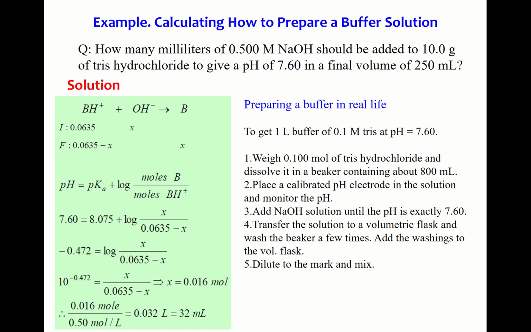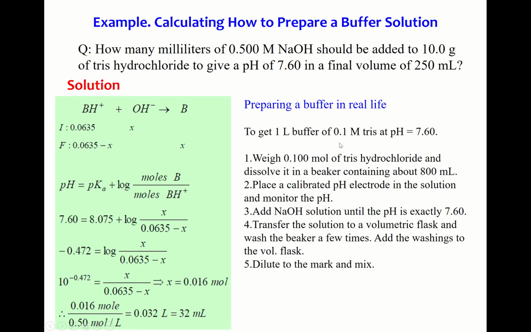This one is rather complicated. At first, it is a formidable task. You may say, oh, Professor, I cannot solve this one. But let's do it step by step.